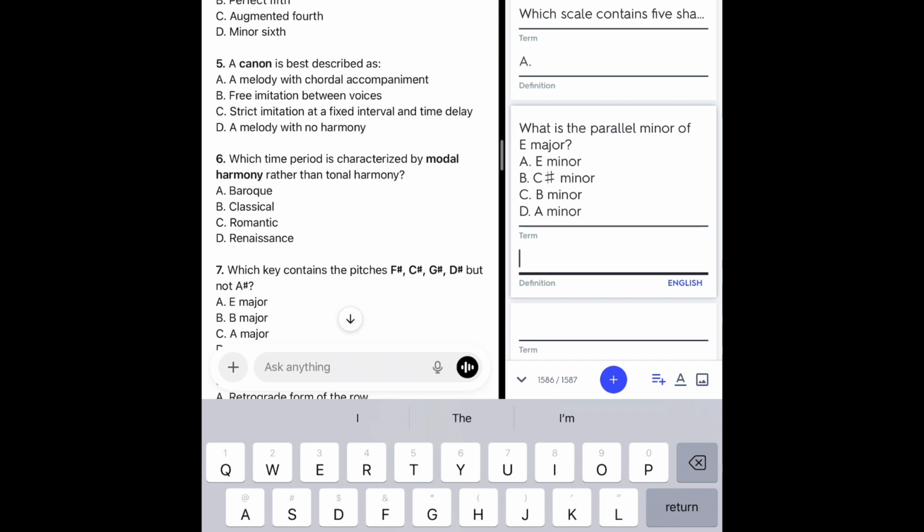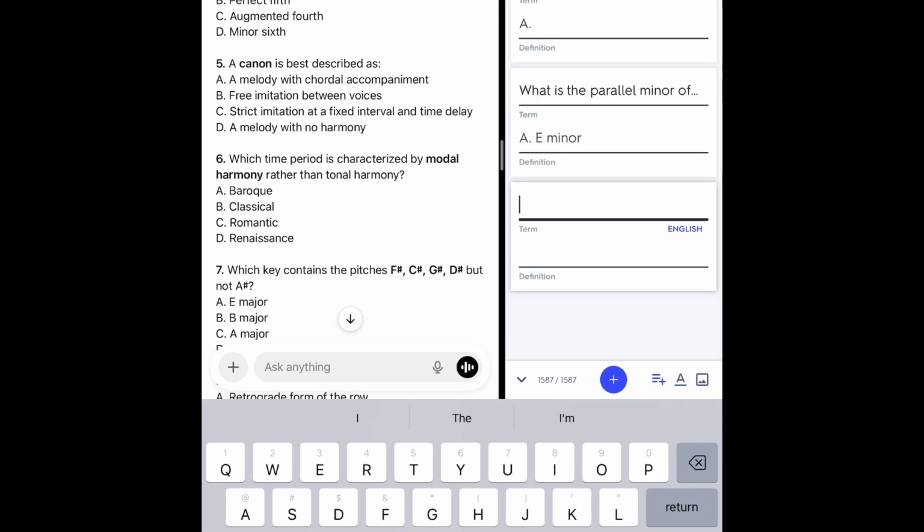It shares the same tonic. That's what parallel means. So it's A. That's what I did. So my mistake for not reading that question. I know if I took the real test, they would count this as wrong, pretty much.